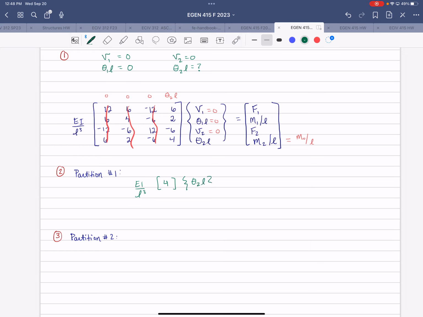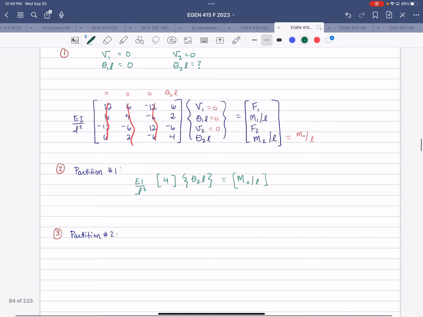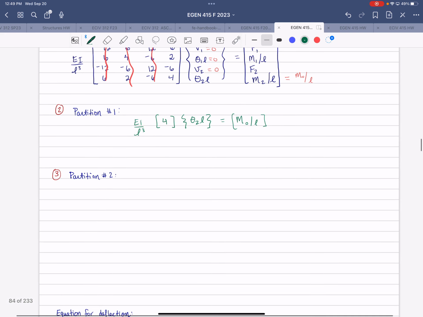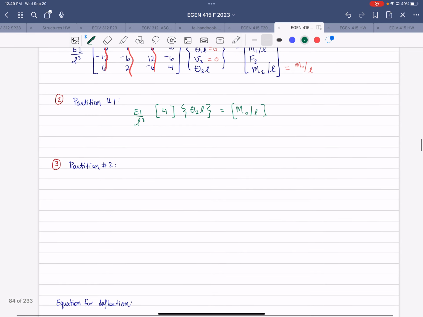So it's really not even a matrix equation anymore. All right, then the second equation, or well, I guess I'll write the result here. So theta 2L, we get M naught L squared over 4EI.